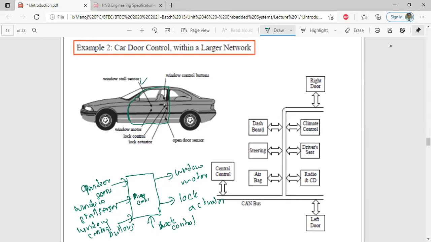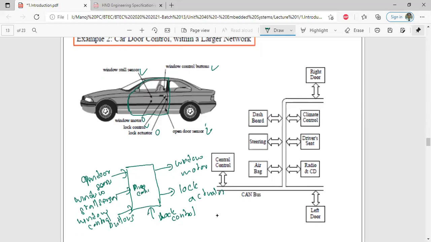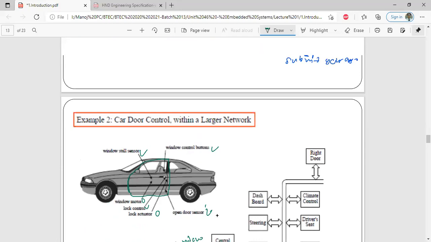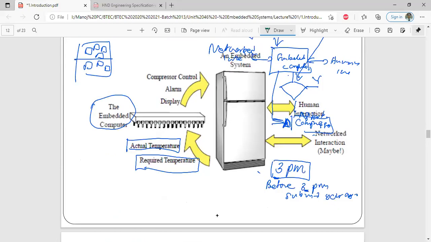So here this is a sensor, this is an input, this is an input, this is an output. Can you see that is how we represent an embedded system in a block diagram, right? Block diagram. So in this one also it should be represented like that.